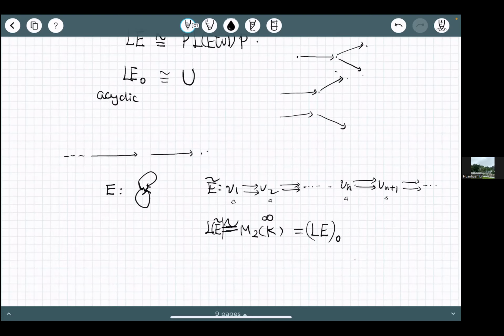I don't know what purpose that would serve, but maybe this is so simple it would be the same as out-splitting. Bruce, who for some reason wants to talk through me instead of unmuting himself, said that in this case you maybe get the same thing as the out-splitting. Okay.